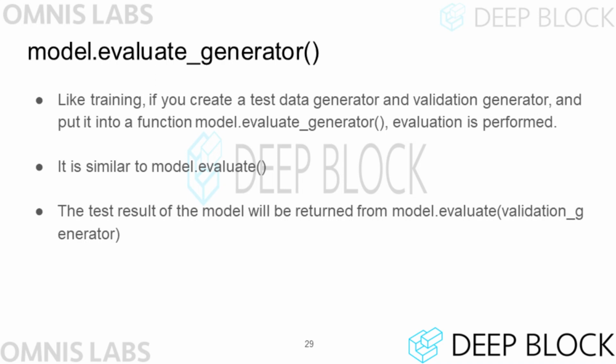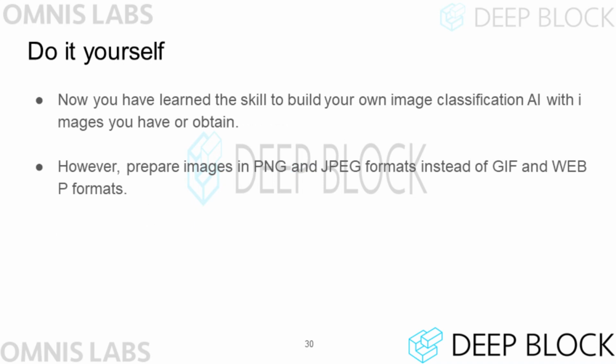However, if you want to objectively evaluate the performance of the model, it is better to prepare separate evaluation data. If you have time, search the internet for 200 or more image files for 2 classes, save them, and then train the model and evaluate the performance of your own image classifier.